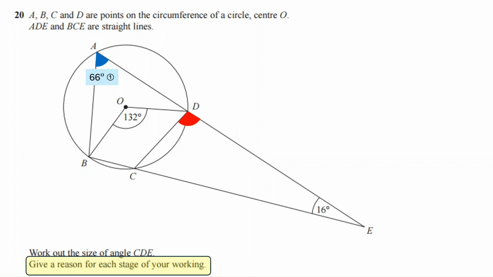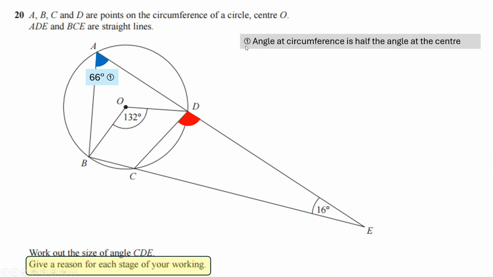You can see I've put the number 1, and with my reason, I've reasoned it as number 1 here. I've linked the reason to the angle. It could be an arrow, it could be a line. As long as the examiner can tell what you are doing, you will be okay. I've written angle at circumference is half the angle at the center, and therefore I've implied 66 degrees.